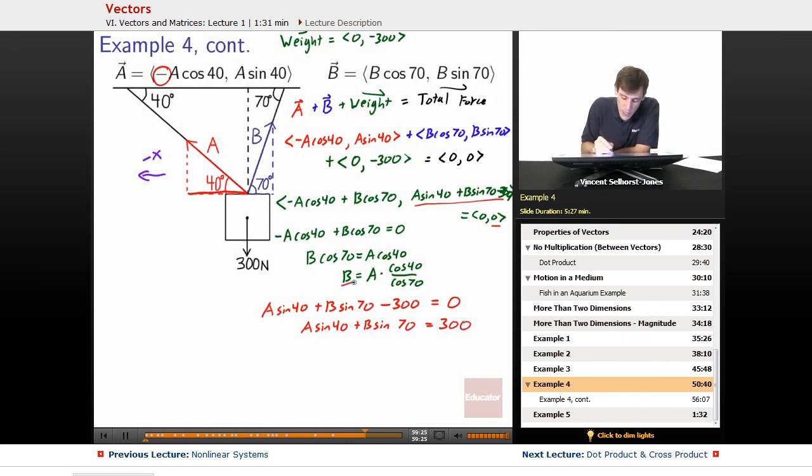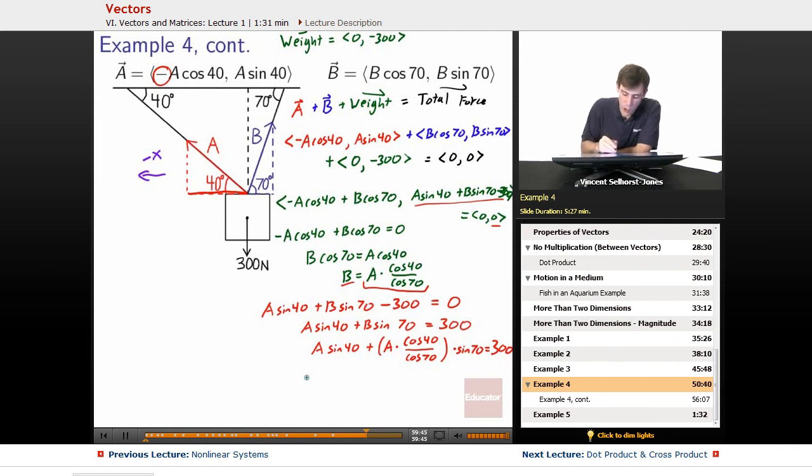Now, we see that B is the same thing as A times cosine 40 divided by cosine 70. So we've got A sine 40 plus, we swap out our B, A times cosine 40 over cosine 70 times sine 70 still equals 300.